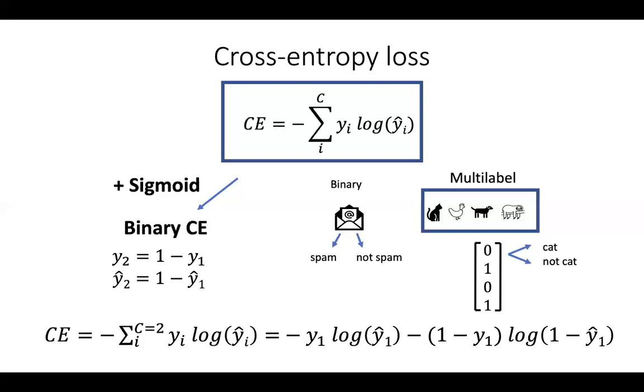By substituting this into the formula, you will get an equation which is basically the logistic loss. You can use this for the binary classification task and the multi-label classification task. And you might find that this loss is called binary cross-entropy loss.